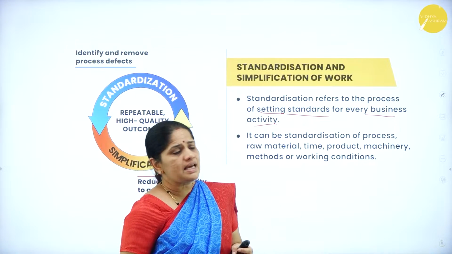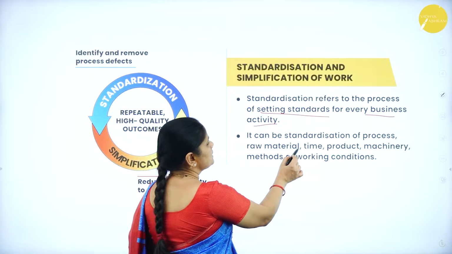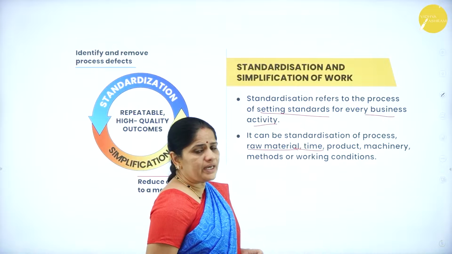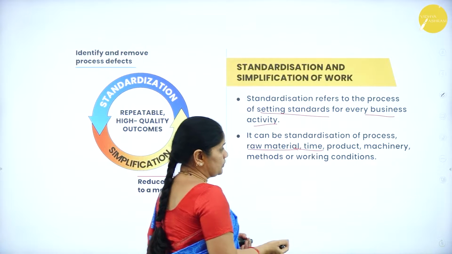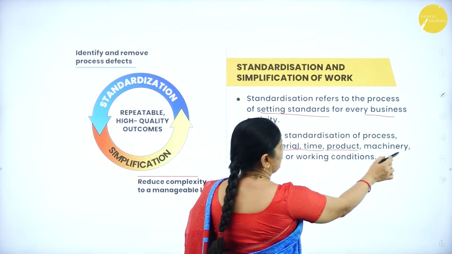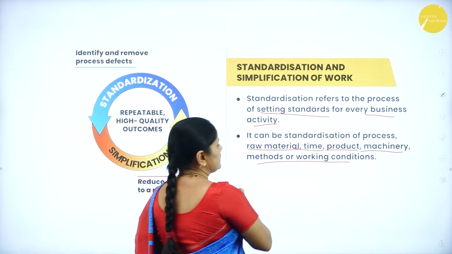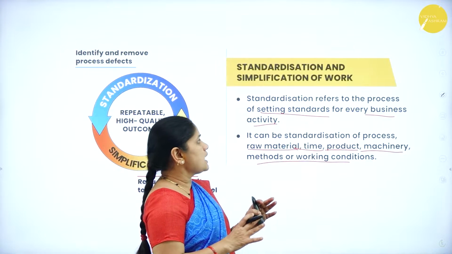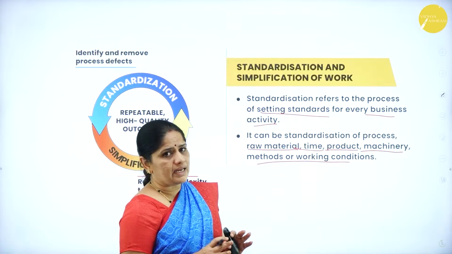In a business activity, we may have purchase of raw material, the time involved to convert it into a finished product, the actual product, the machinery, the methods or the working conditions. All these things are involved in a business activity.